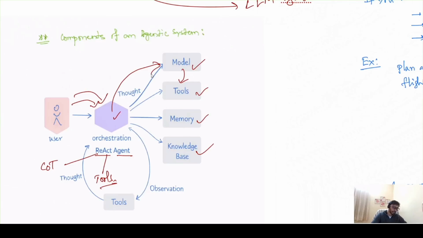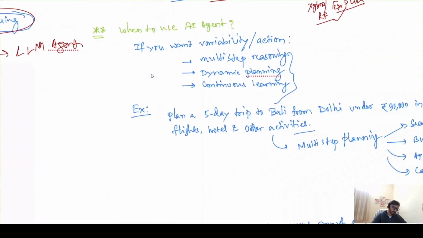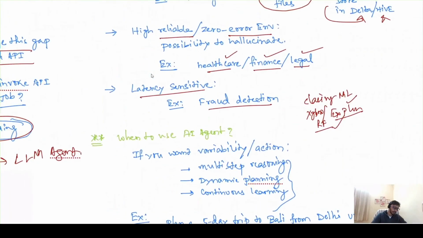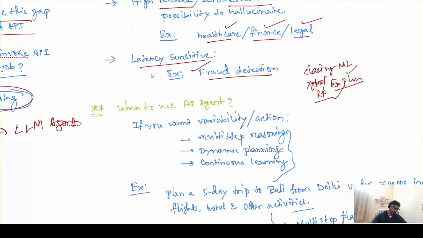Once the GenAI model receives the output of this tool, it decides whether it is fraud or not. So there is a huge latency involved, because there may be multiple tool calls involved in this case. So you should not use it for latency sensitive use cases like fraud detection.